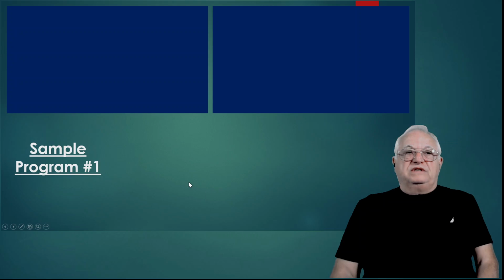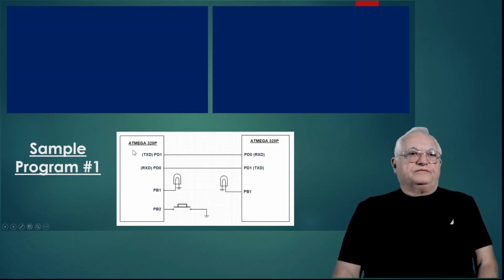So let's start with our first example program. What we're going to do is have two microcontrollers hooked up serially, so you have the transmit to the receive, and the receive to the transmit. Now one of the microcontrollers is going to have an LED hooked up and a switch.